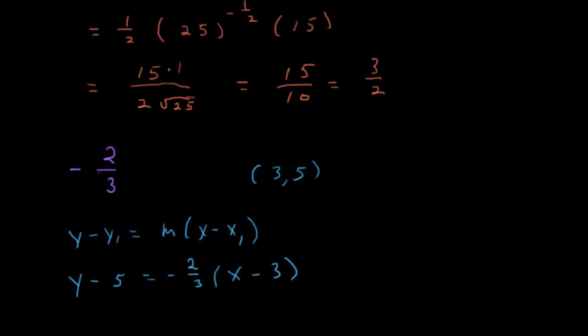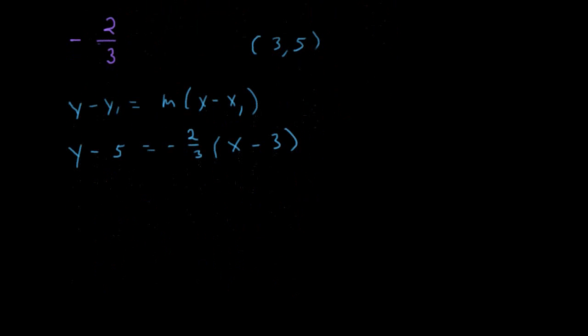On the AP exam, this equation is most likely put into standard form. So let's multiply everything by the denominator that we have here, which is 3, and that will give us 3y minus 15 on the left side of the equation. On the right side, it'll clear out that denominator, and we'll just have negative 2 times x minus 3 there. Now let's distribute on the right hand side.